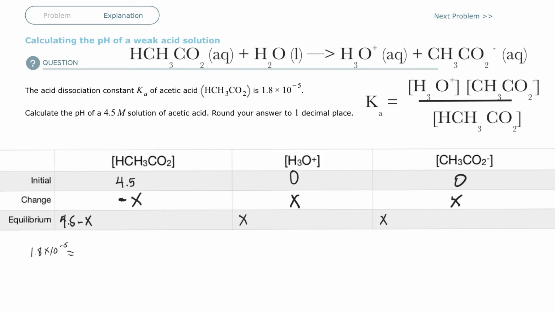So I have equals X times X on the top. On the bottom is the concentration of the acetic acid, which is 4.5 minus X.